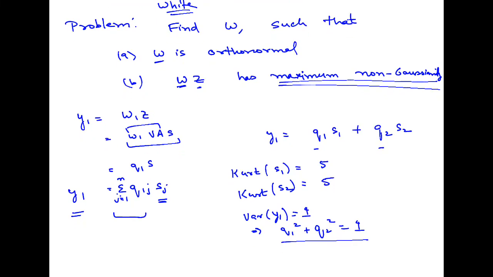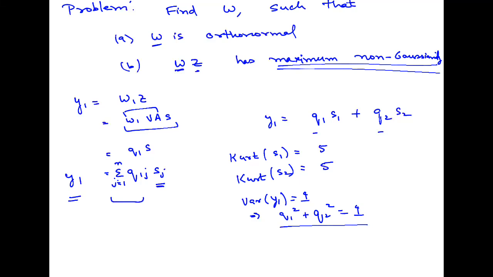The reason I need to do that is otherwise we'll just do a simple scaling, and that's not what I'm interested in. So the question is, if you combine these two in any proportion other than either 0, 1 or 1, 0, what's going to happen to the non-Gaussianity of the mixture?